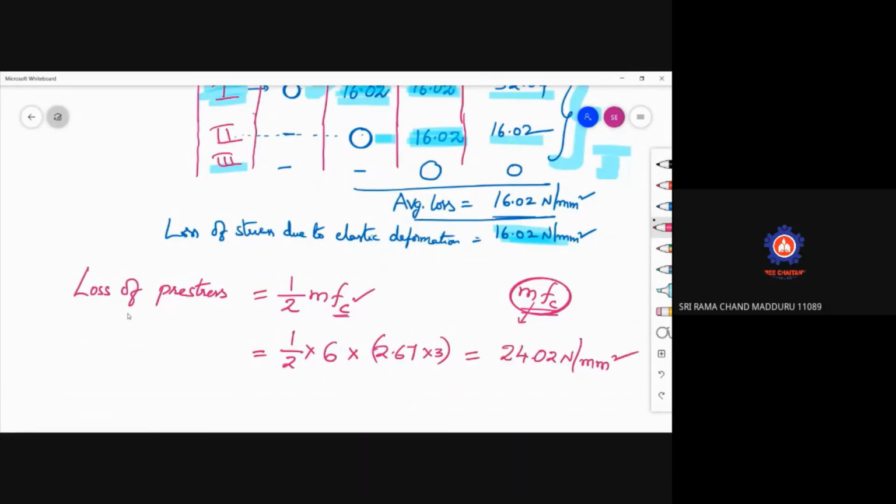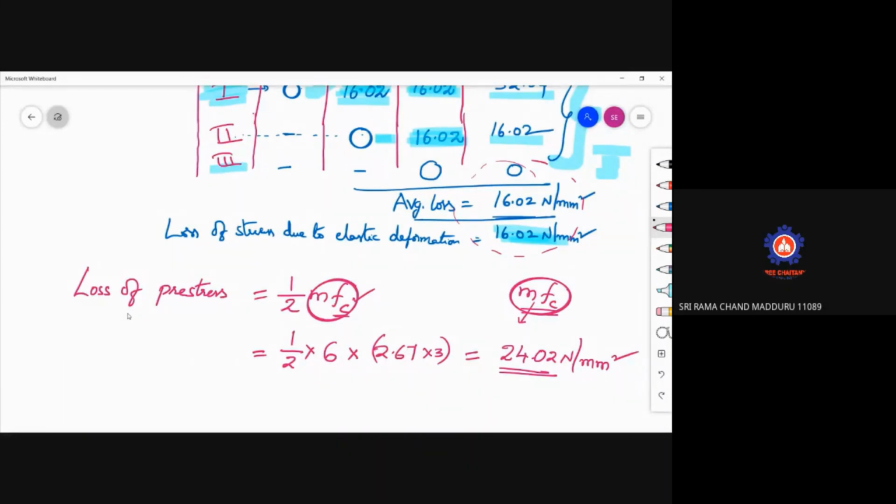You can do it like this, but in the other way, the loss of pre-stress is generally half into m into fc. That is 50% of the loss of stress m into fc, since one half is nothing but 50%. In any case, it says that it should not be more than 24.02 Newton per mm square. That is the condition that the code provision says.